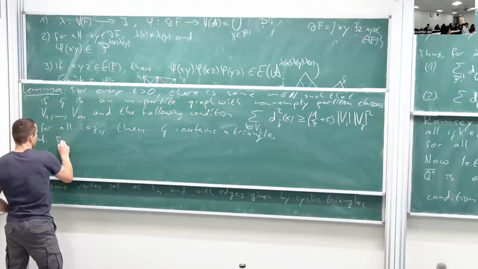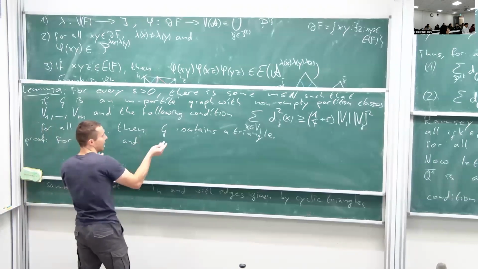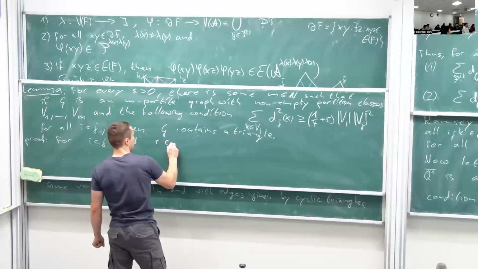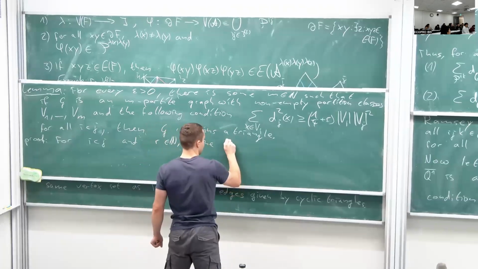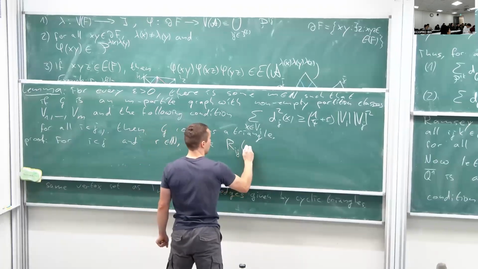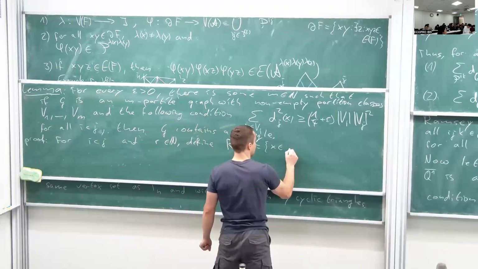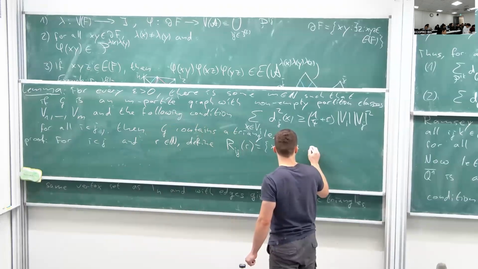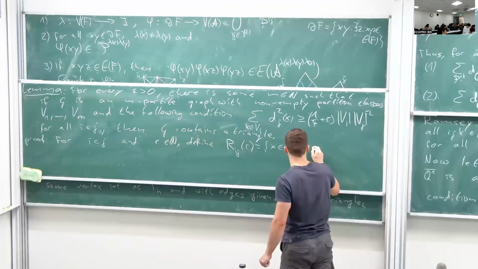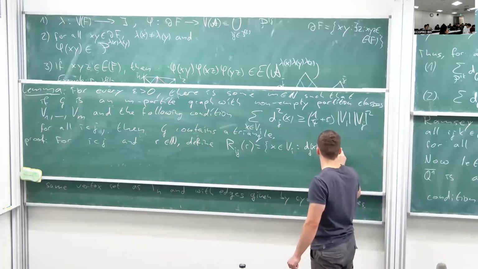So for i smaller than j, and r in the natural numbers, define the set R_ij^r as the number of those x in Vi for which the degree into the partition class j is greater or equal to 1/2 plus r times delta.